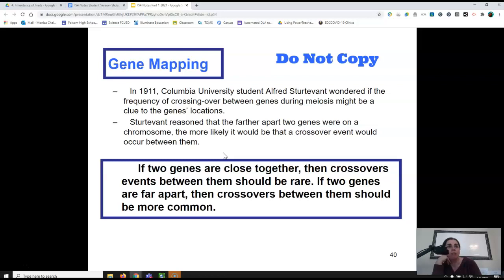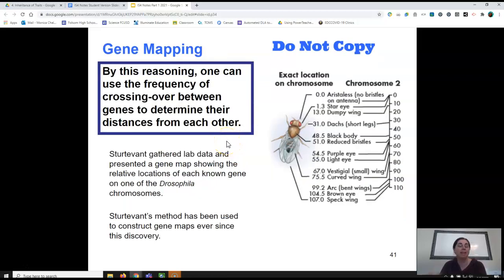He reasoned that the farther apart two genes were on a chromosome, the more likely it would be that a crossover event would occur between them. That's because if two genes are close together, then crossover events between them should be rare. If two genes are far apart, then crossovers between them probably would be more common. Okay, that's what he was speculating. By that reasoning, one can use the frequency of crossing over between genes to determine their distance from each other.